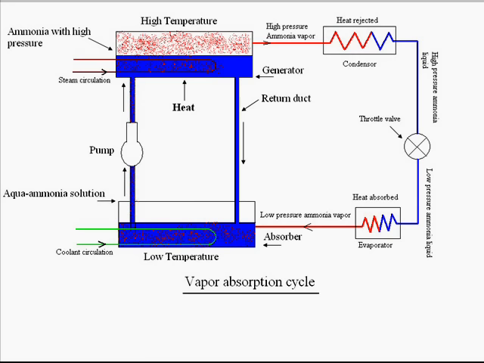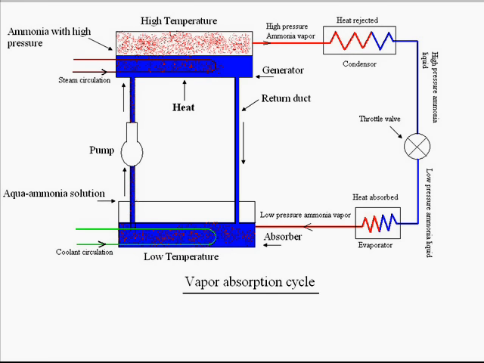Now what is the job of the compressor in the vapor compression cycle? We know the job of the compressor is to increase the pressure. The same effect has been developed with the help of our generator absorber system. Now this high pressure ammonia in the generator is sent to the condenser. In the condenser, it loses heat and becomes high pressure liquid. It is throttled.